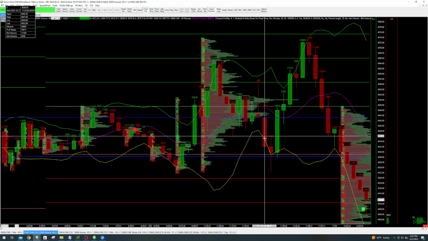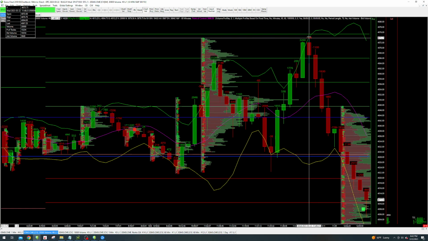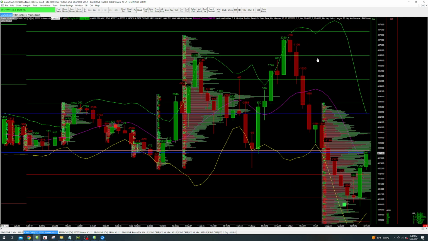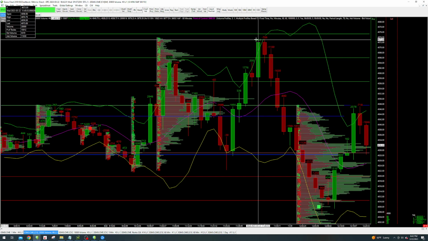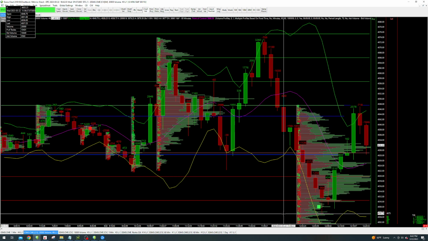Basically, you see a red, you get out, potential profit there. You see a red, you start going short, and then just ride all the way down. I think this is like a 50-point move, maybe a 60-point move.